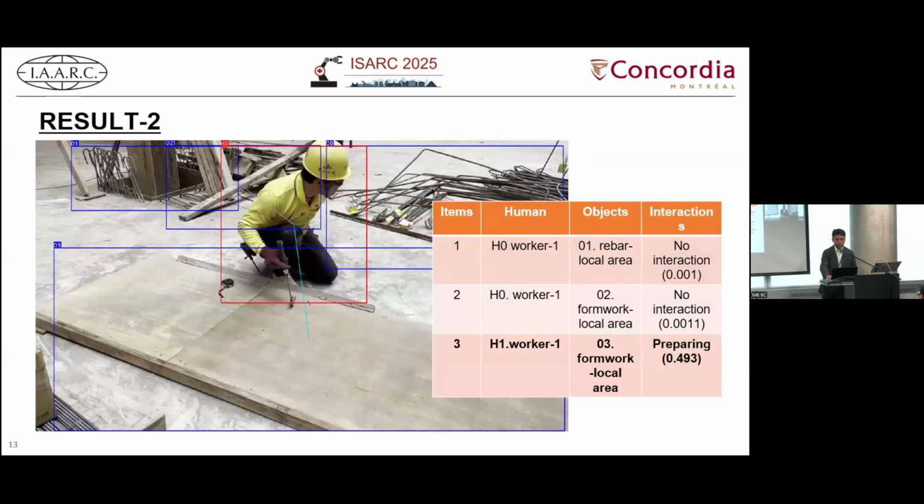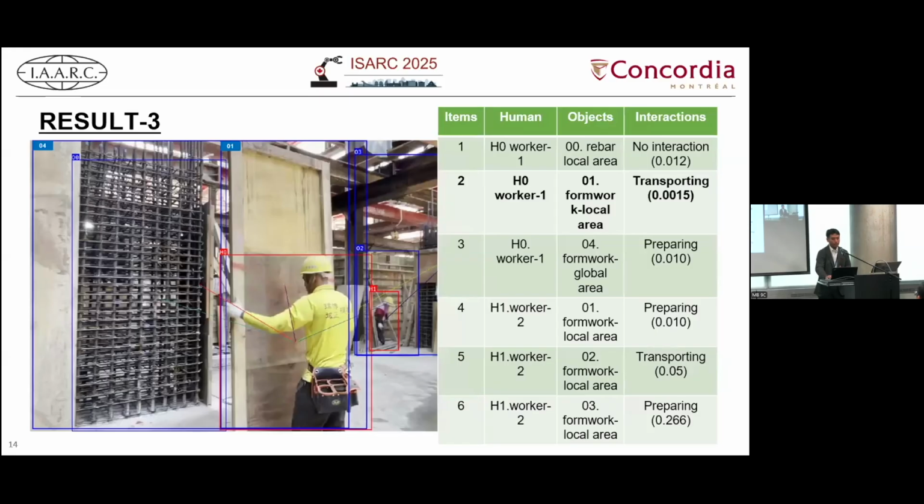For the second result, we detect a formwork, a rebar, and raw formwork there, and they are preparing the formwork as a major activity. And for this image we detect two workers, and the front worker is transporting the formwork.